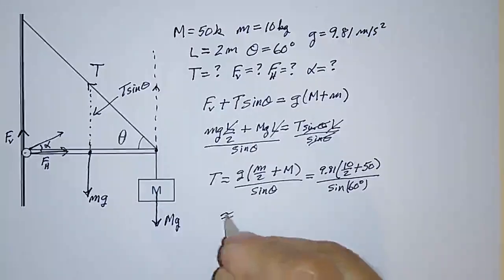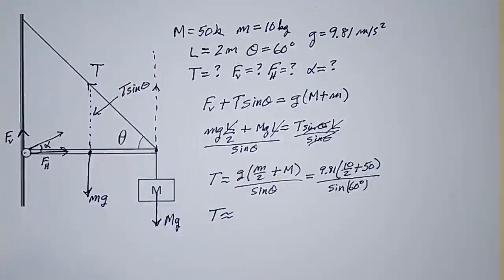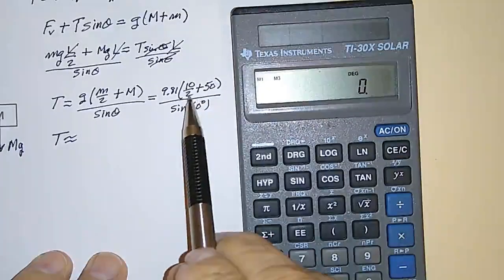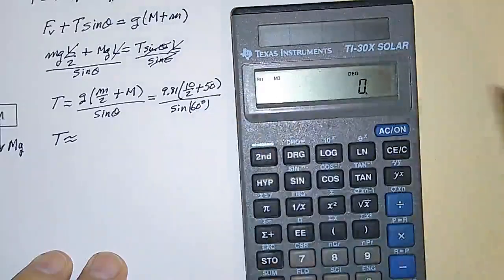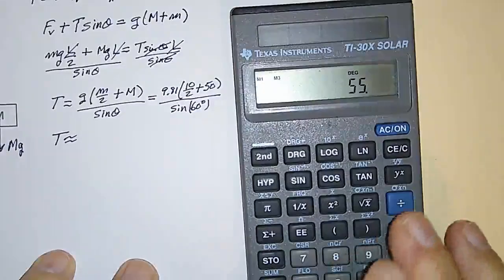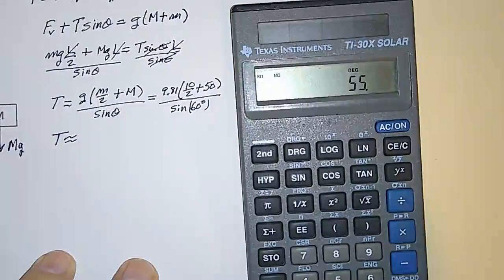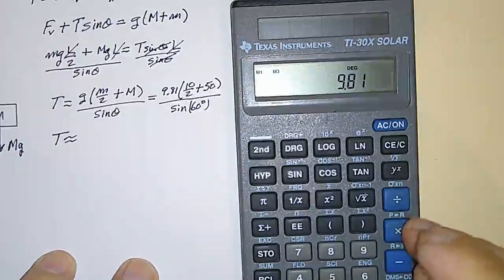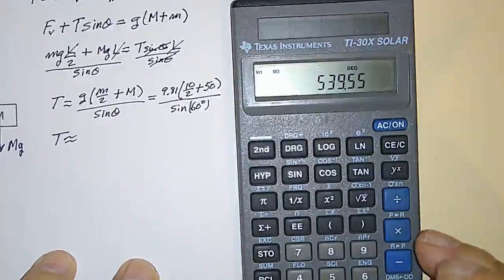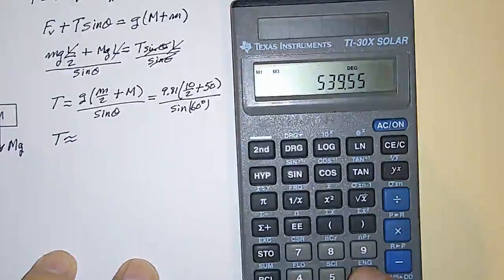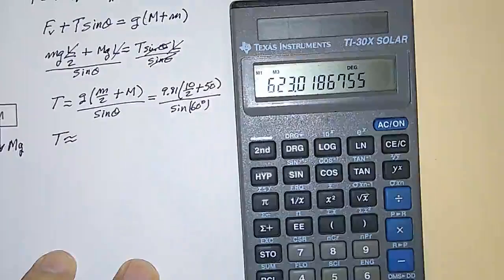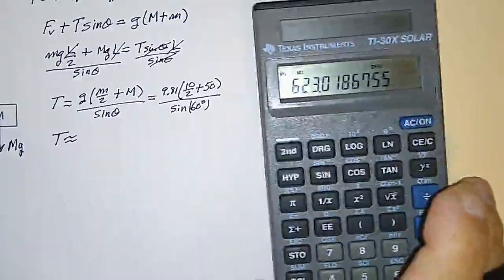And let's see, let me get my calculator and we'll put that in there. So, okay, 10 divided by 2 is 5 plus 50 is 55. So 55 times, I've already stored g in one of my memory locations, 9.81 is equal to whatever the numerator turns out to be, and I'm going to divide that by the sine of 60 degrees, and I get 623.02.